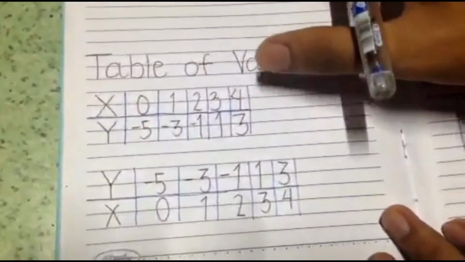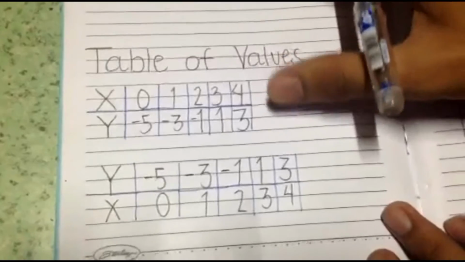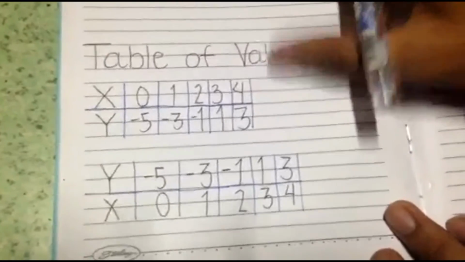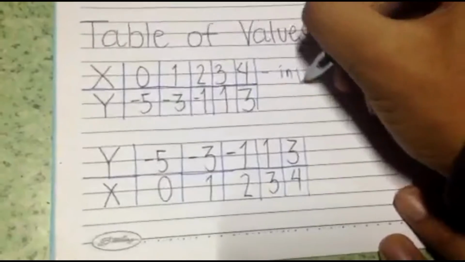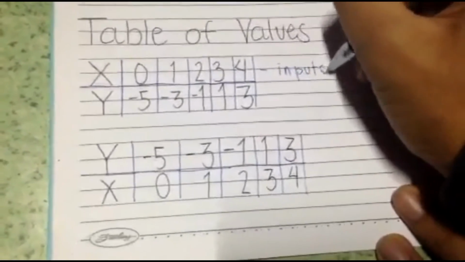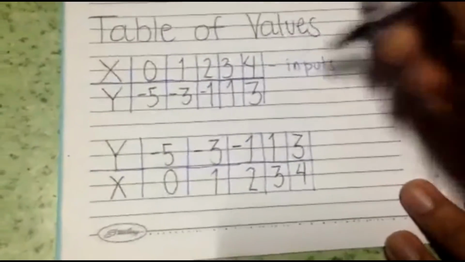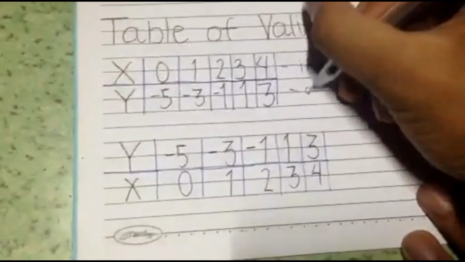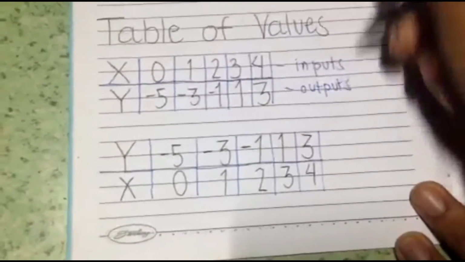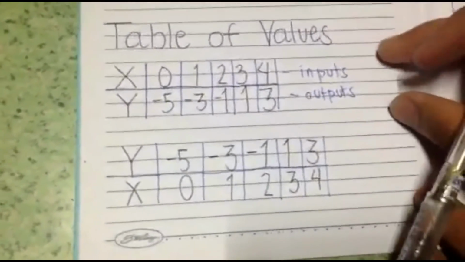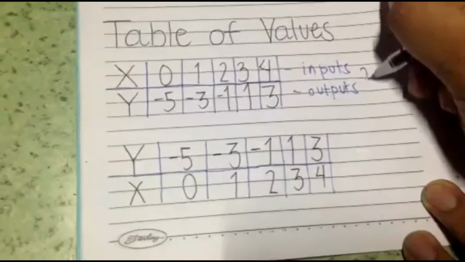And the y is negative 5, negative 3, negative 1, 1, and 3. The x values are called inputs, and the y values are called outputs. This table as a whole is called a function.